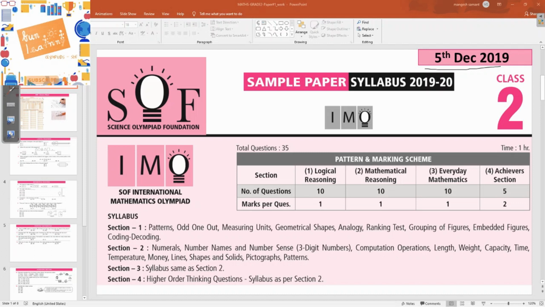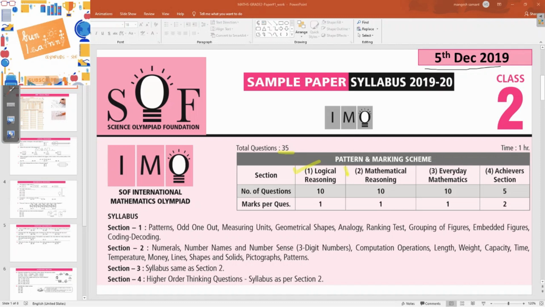Now the paper pattern is such that it will have 35 questions, as you can see here, and in these 35 questions the split will be: the first 10 questions will be of logical reasoning, wherein it will speak to you about the patterns, odd one out, measuring units, geometrical shapes, grouping of figures, and similar kinds of questions that you do in your school.